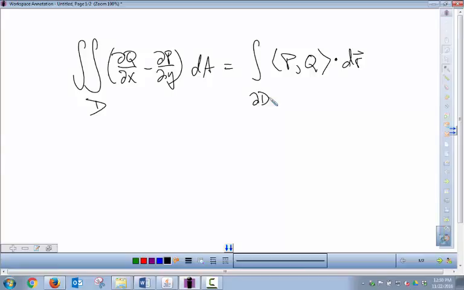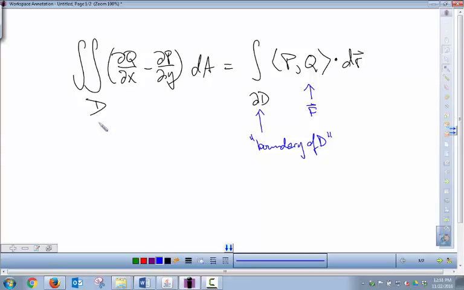And let's see if we can break this apart somewhat. So let's first address this idea that this is the boundary. As a notation, this is the boundary. And then what we have here is your vector field. Okay?